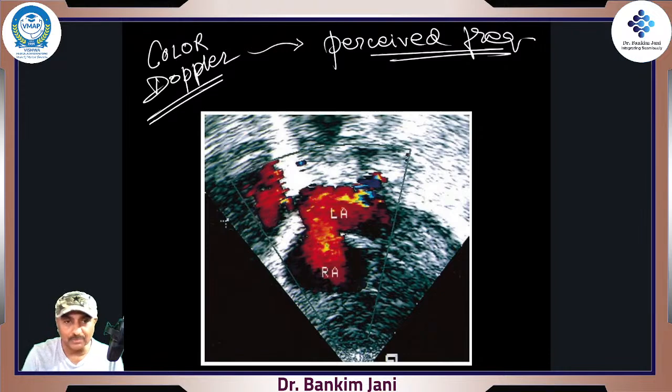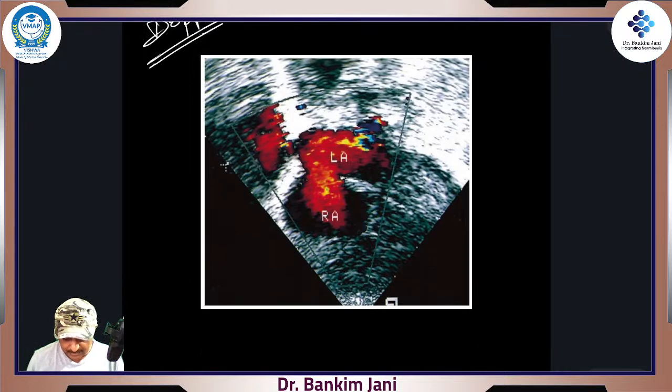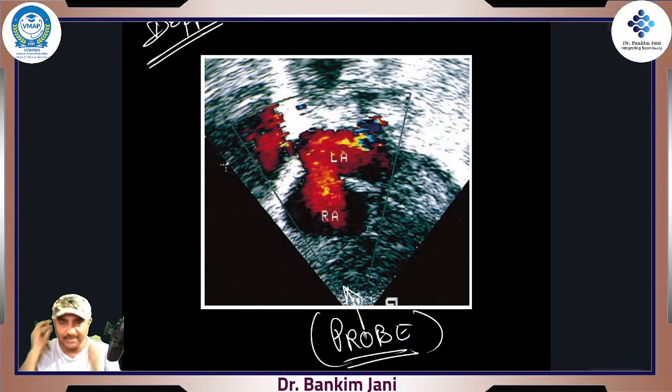Remember, when we look at color Doppler, many times this gives a wrong impression that red means it is oxygenated, blue is deoxygenated. No, friend, never. In color Doppler, remember, red means blood is coming, blue means blood is going. Simple as that. Here is our probe, and the probe is like our ear, right?